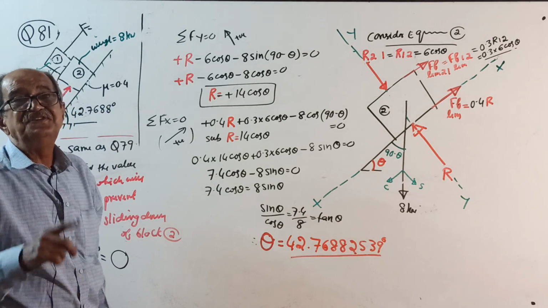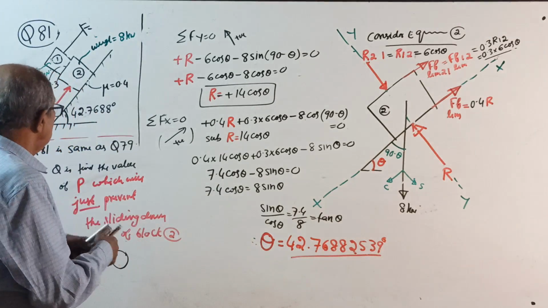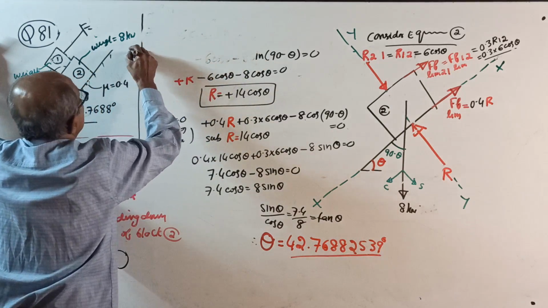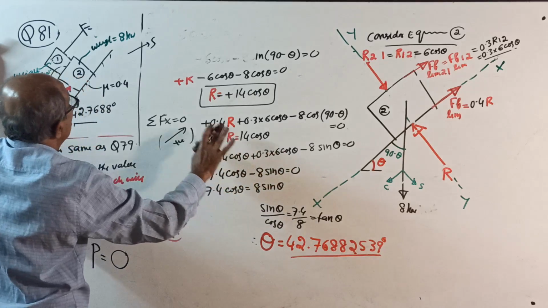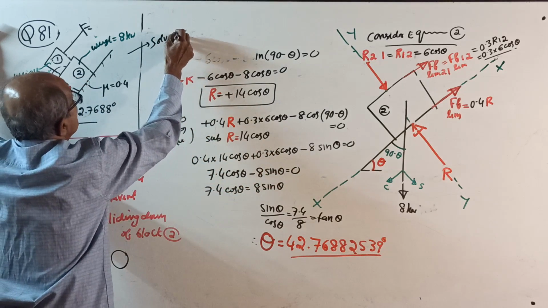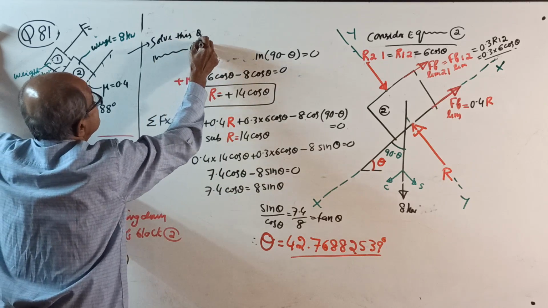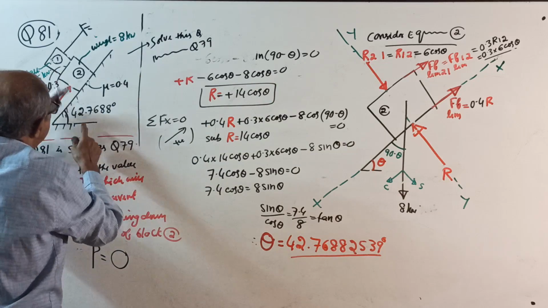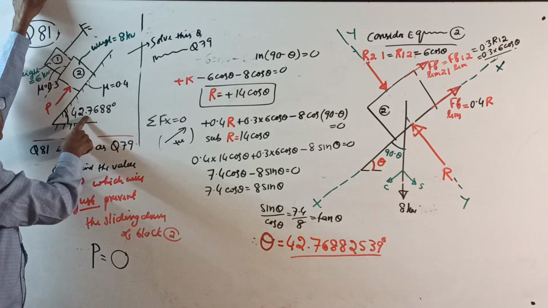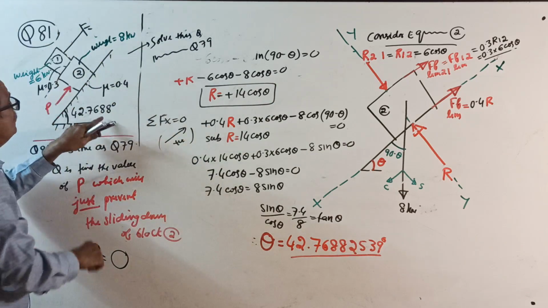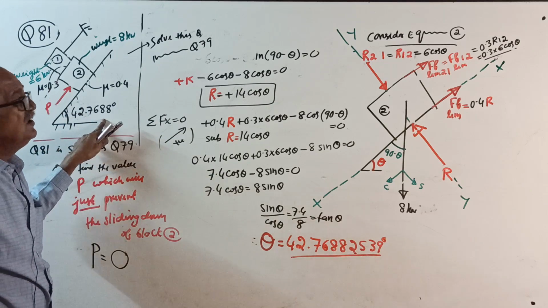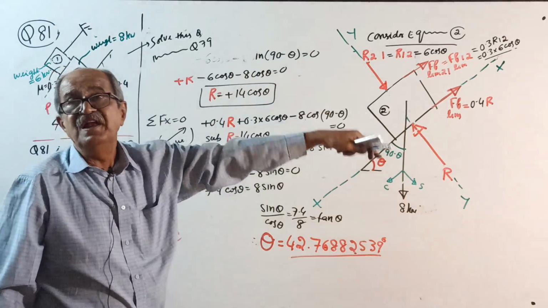So this is a check for you now. What you do is, you solve this question not by taking theta unknown. Solve this question in the same way as question 79. See there, what was the angle? 60 degrees. Instead of 60, 42.7688. This is to check what we have done is correct or not.